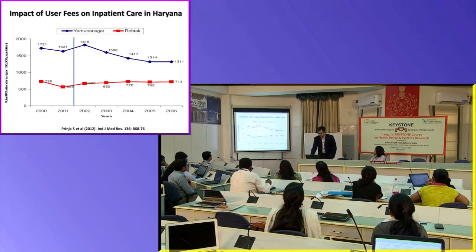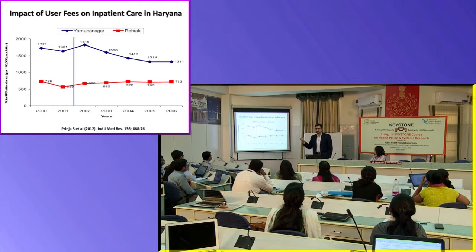The user charge was implemented somewhere around this time, and what you see between these 2 districts is quite a similar secular trend, but where there was no user charge it started declining. There's no causal relationship that I can prove, but some indication that probably it was the user charges which led to a decline.